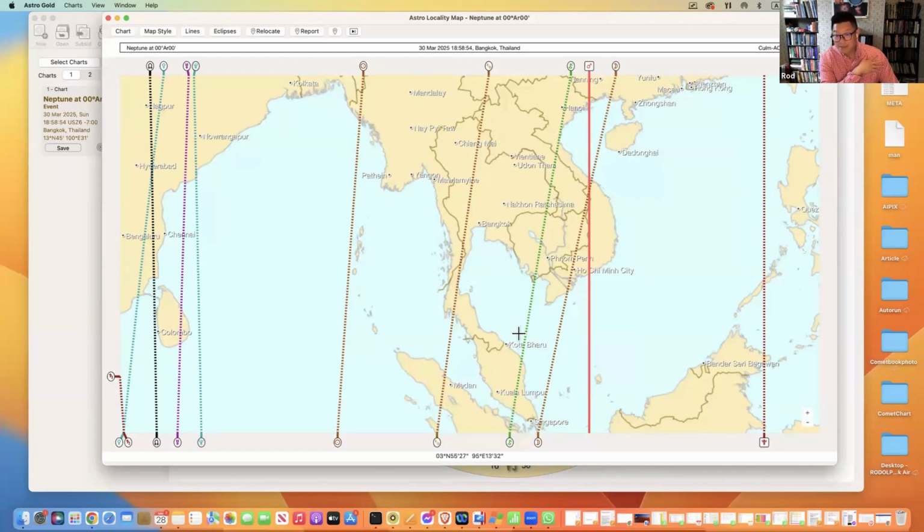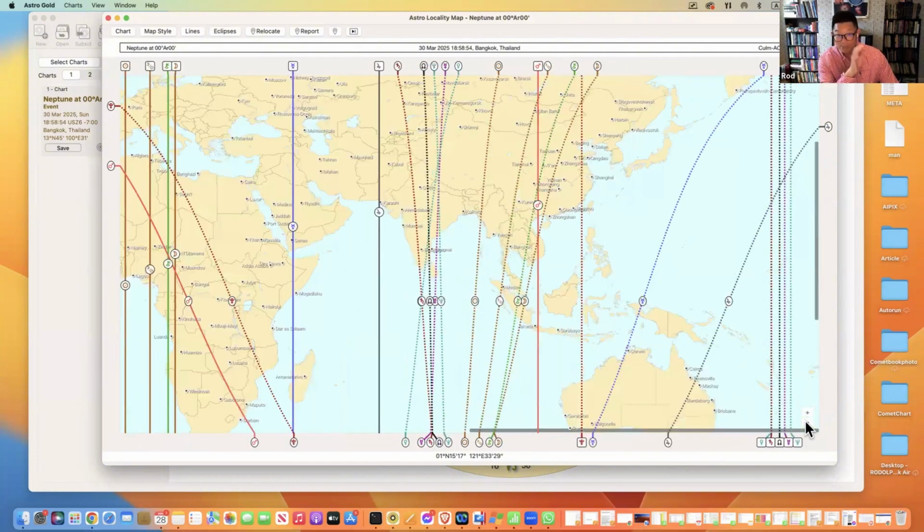You can see Mars is near Ho Chi Minh City, in this area. This is Neptune at 0 degrees Aries. With this map, we will understand where on the Earth has the most impact. This is the astro map technique to help us.